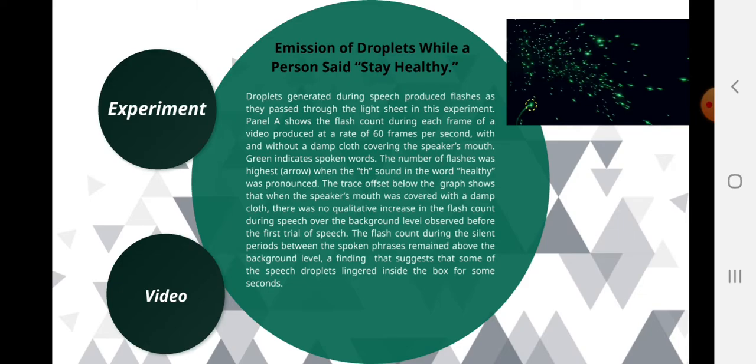The flash count during the silent periods between two spoken phrases remained above the background level. That suggests some of the speech droplets linger inside the box for some seconds.